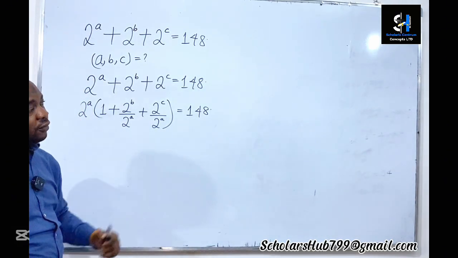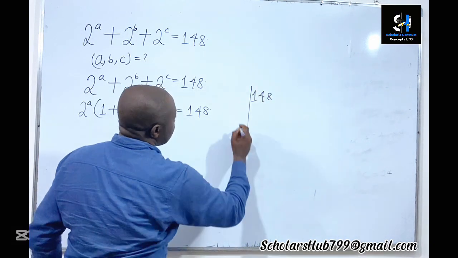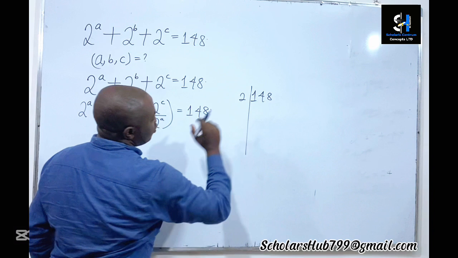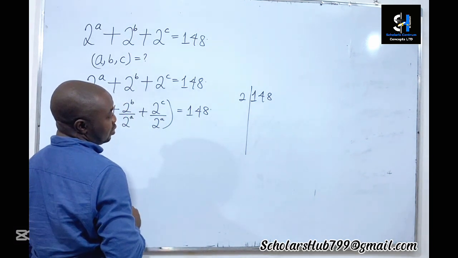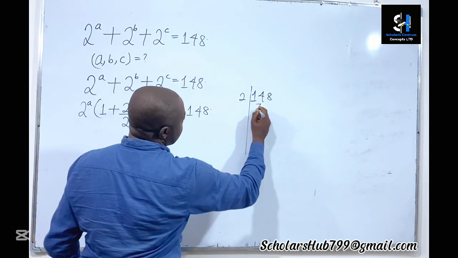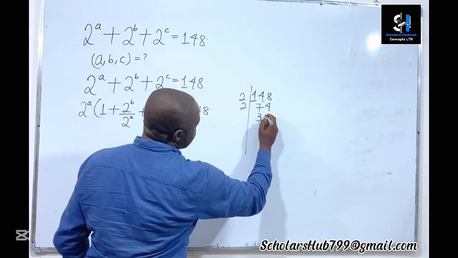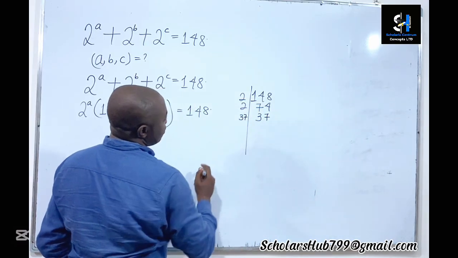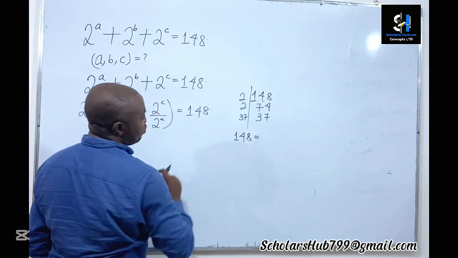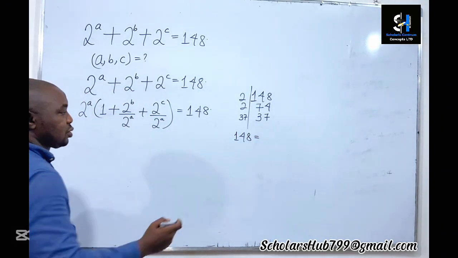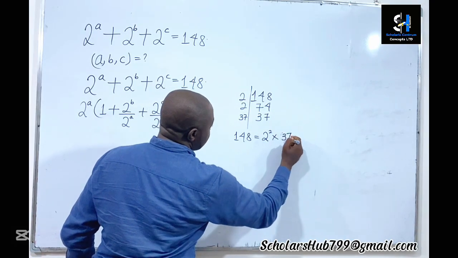Let's start with the lowest prime factor, the smallest prime factor. 148 divided by 2 is 74, then we do the same thing again, this will be 37, then this is 37. So 148 expressed as a product of its prime factors will be 2 raised to the power of 2 multiplied by 37.